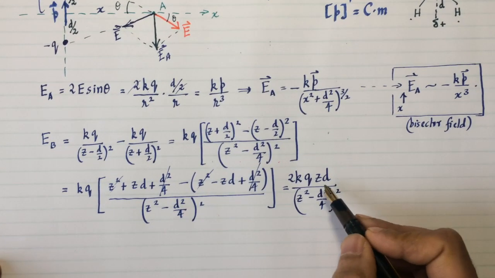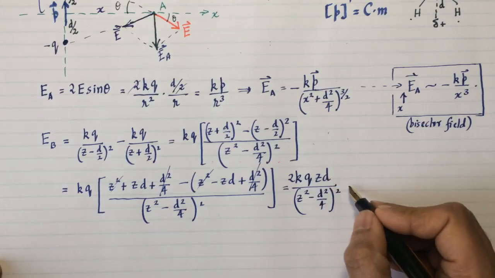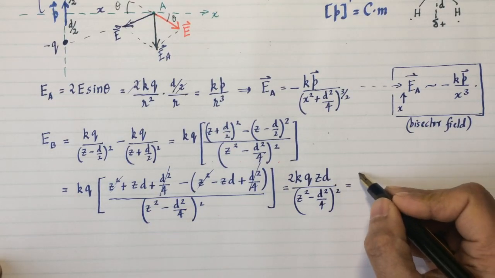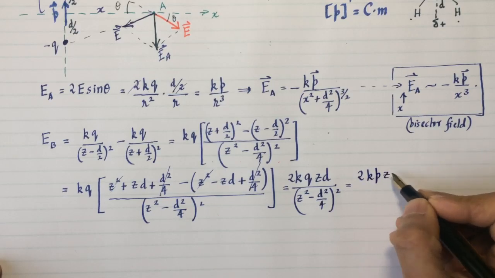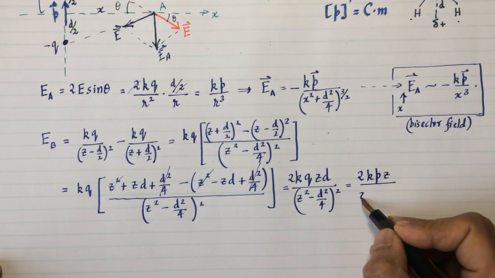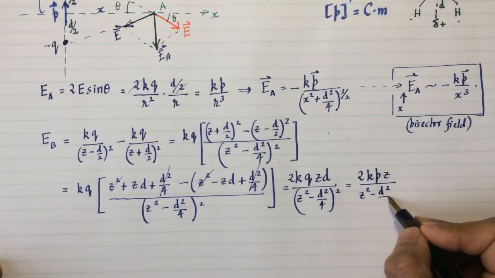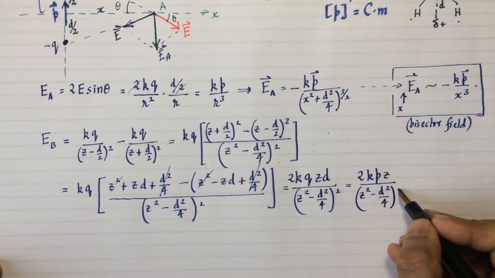Once again, I'm going to pounce on this product Q times D. That's just a dipole moment. So that's 2kp Z over (Z squared minus D squared over 4), the whole thing squared.